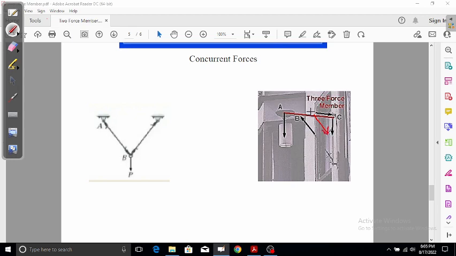So you can basically project this force backward. And again, this force can also be projected backwards. This force can also be projected downwards.